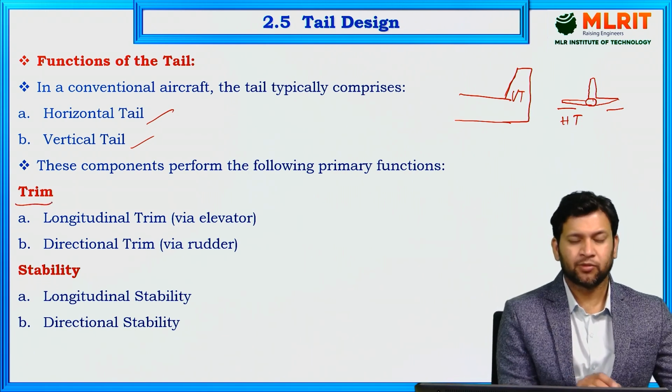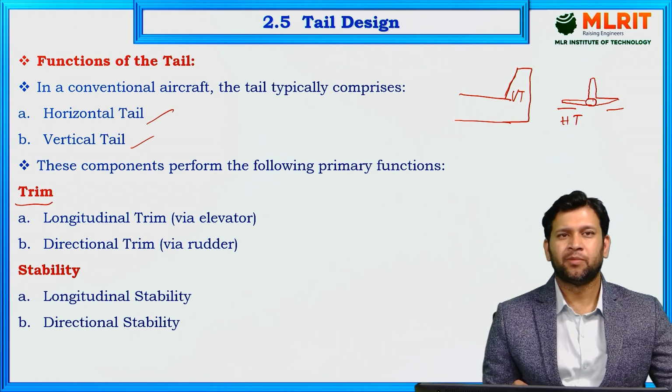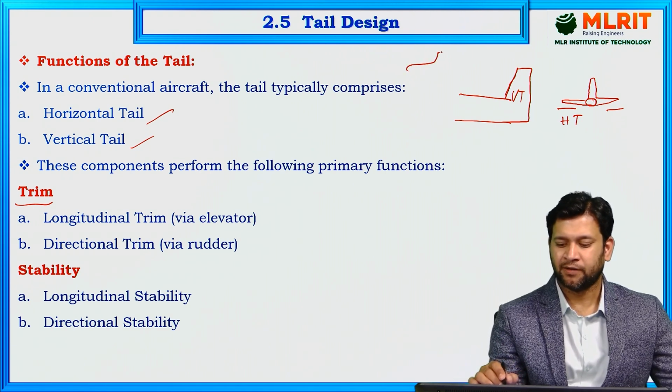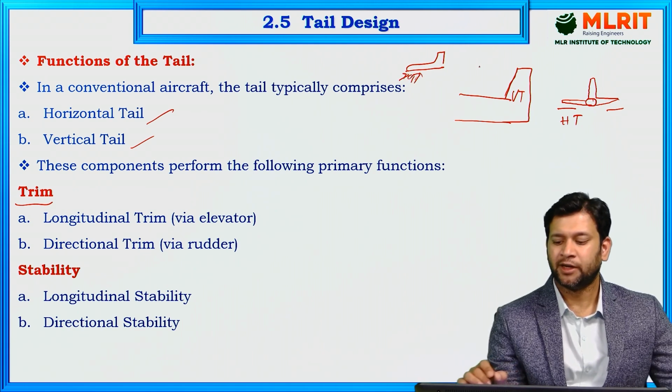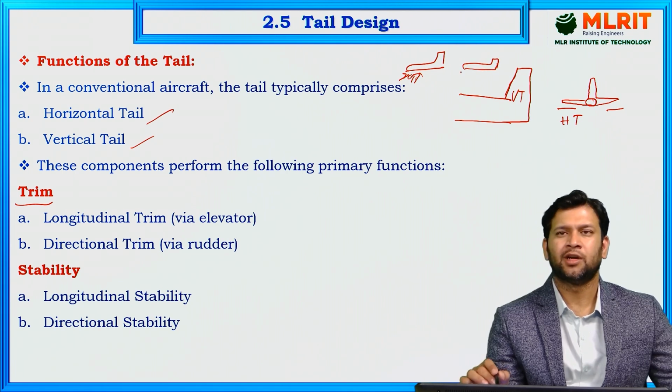First one, to bring back the aircraft into equilibrium position, we trim the angle of attack which has been increased due to gust loads. If this is an aircraft, and if it experiences any gust load during the cruise, it will tend to move the position of the nose of the aircraft upwards.